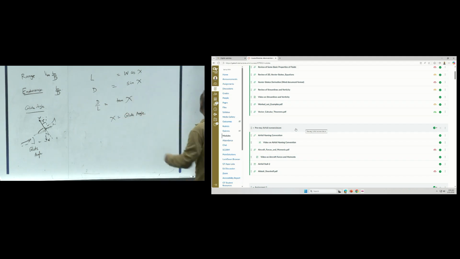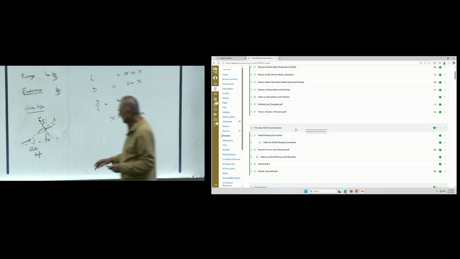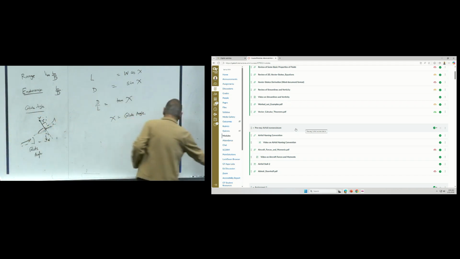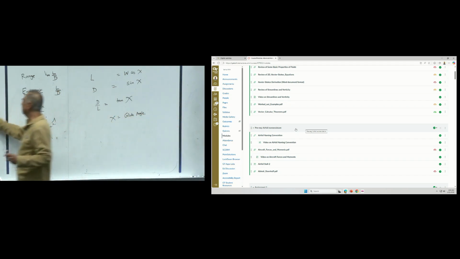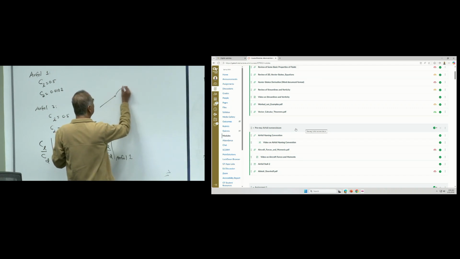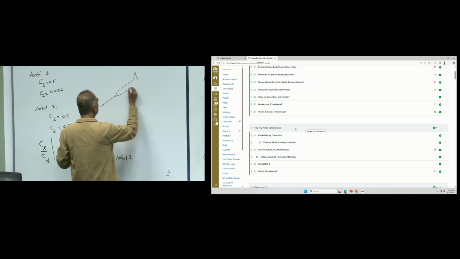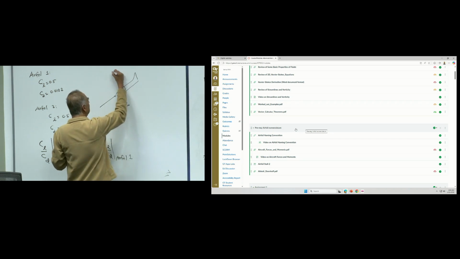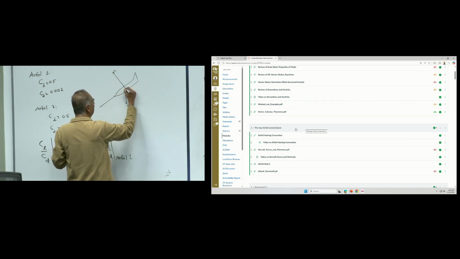Let me draw this picture a little bit clearer here, because I made a lot of erasures. So the airplane is going this way, weight is this way, lift is this way, drag is along the flight path.